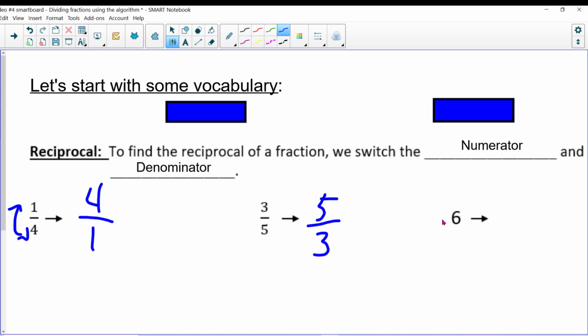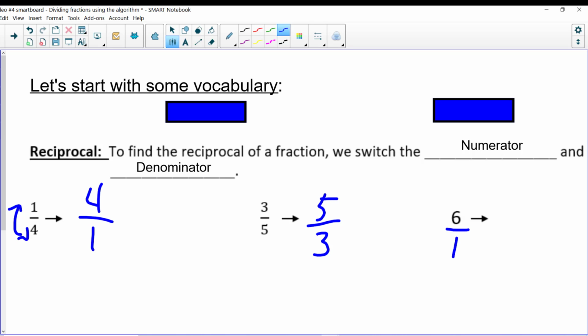Now, what about 6, a whole number, any whole number? How am I going to find the reciprocal of 6? Give it a try. See if you remember. So, did you remember how to write a whole number in fraction form? Did you remember you put the 1 in the denominator?